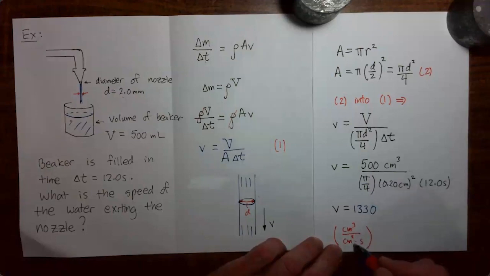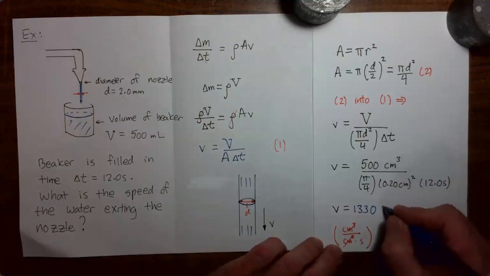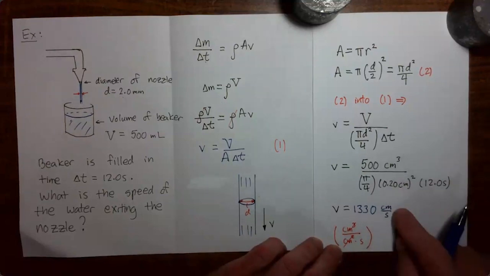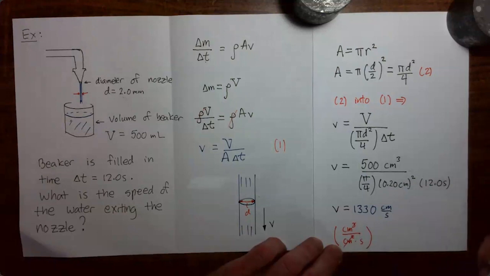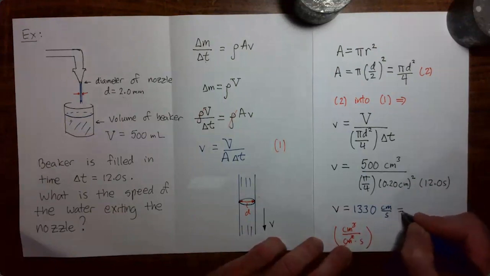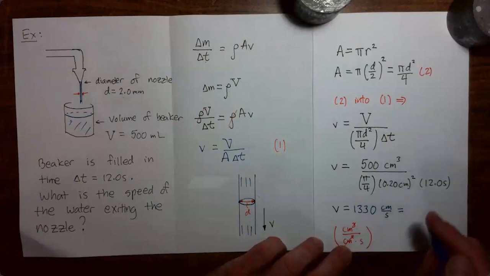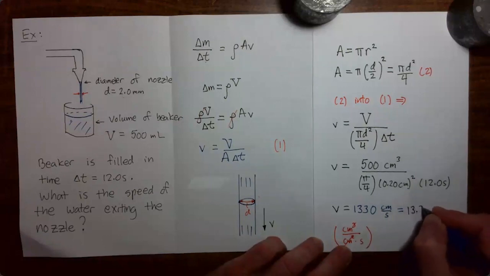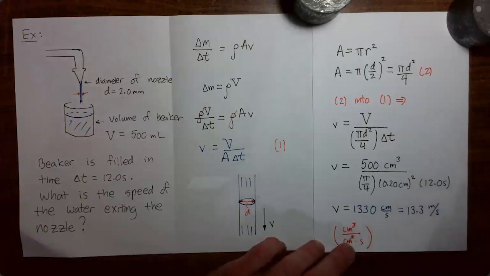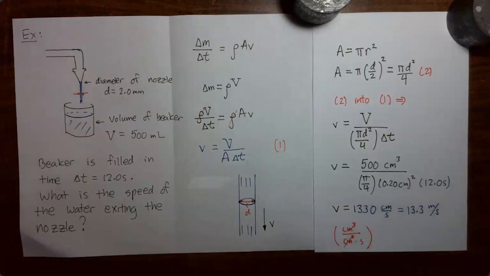Centimeters cubed over centimeters squared is just centimeters, so the unit would be centimeters per second, which is an appropriate unit for a velocity or a speed. And if you like, you can convert this to meters, in which case you would get 13.3 meters per second. So now we have done a short example problem using the formula for the mass flow rate.